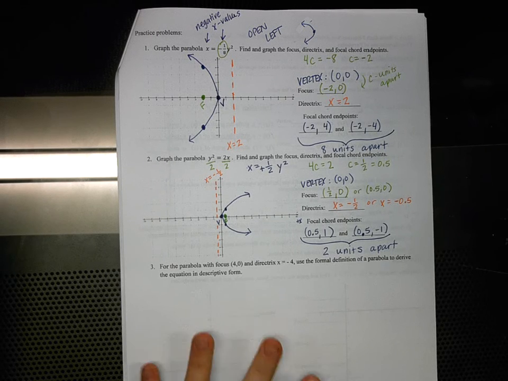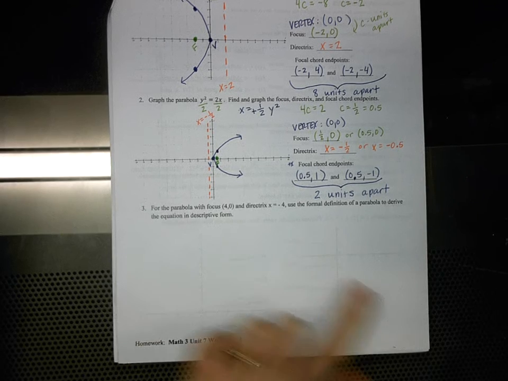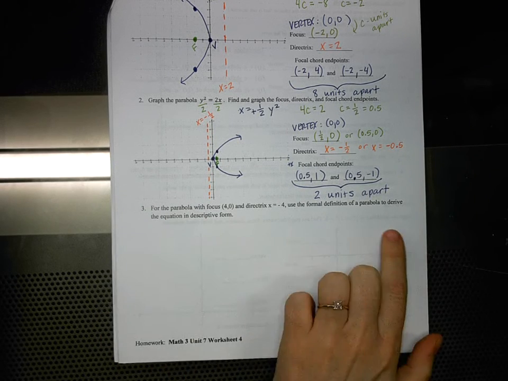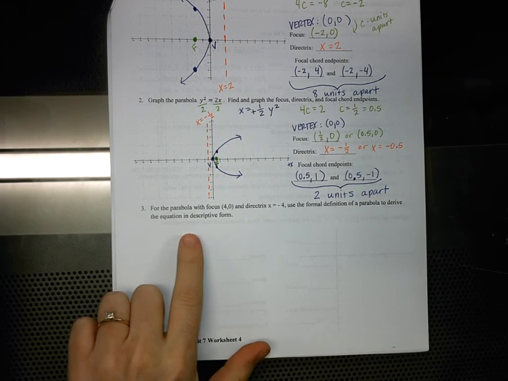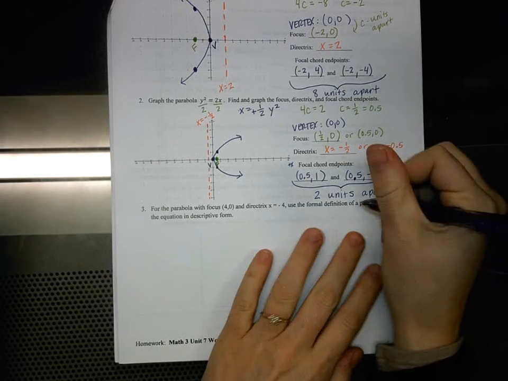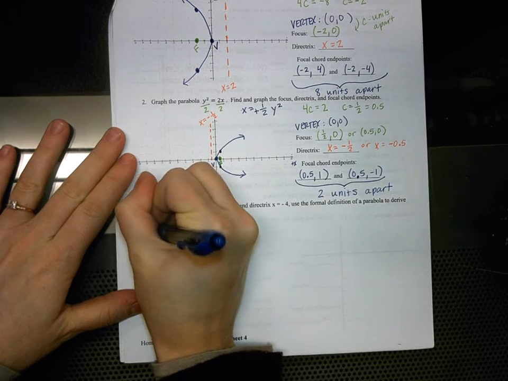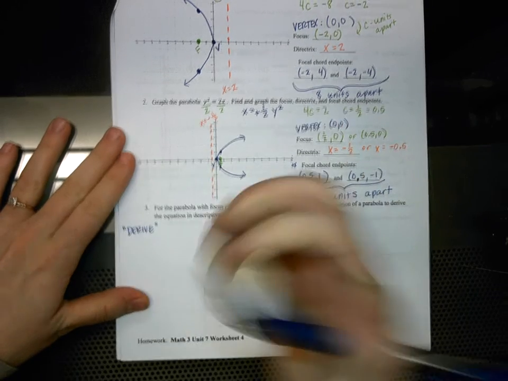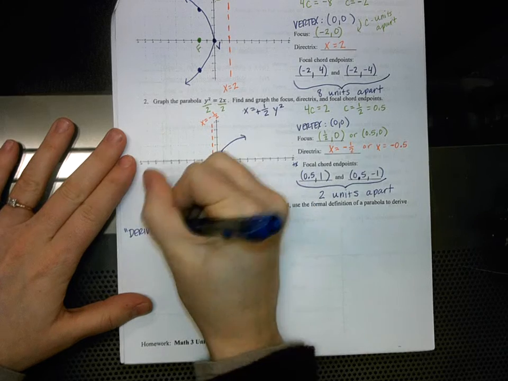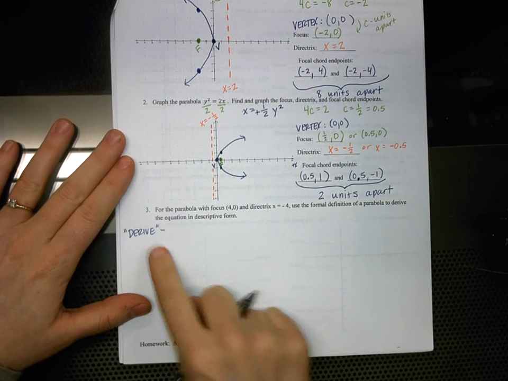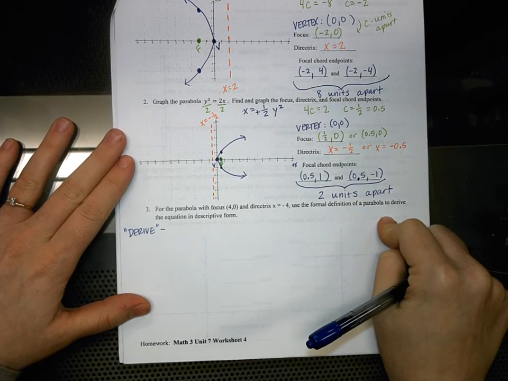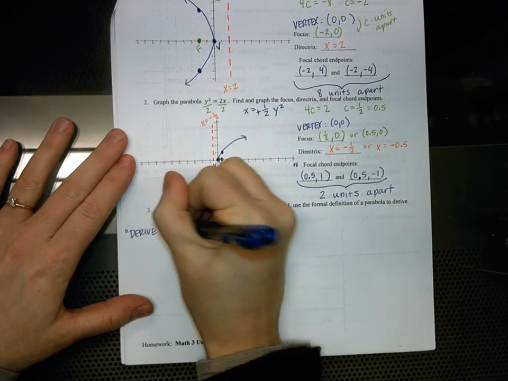Okay, so in the last section, we learned how to derive the equation in descriptive form. In order to derive an equation, you have to take a formula and change it to another formula. So what formula do we use to derive the equation of a parabola? Good.